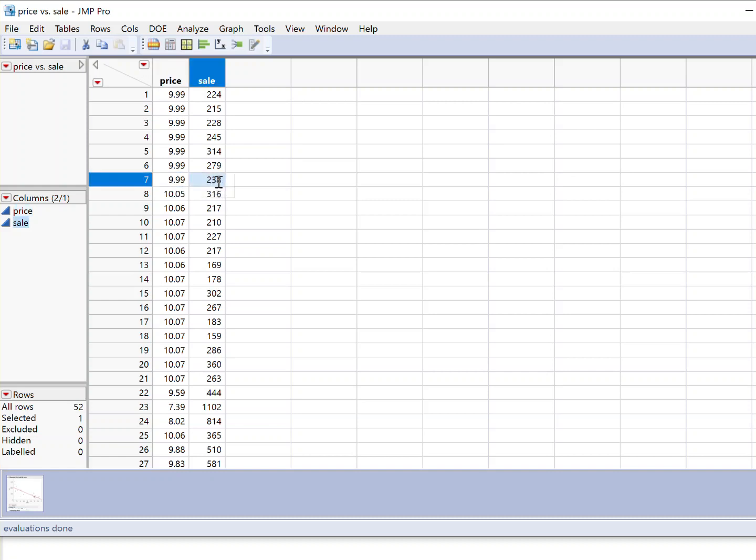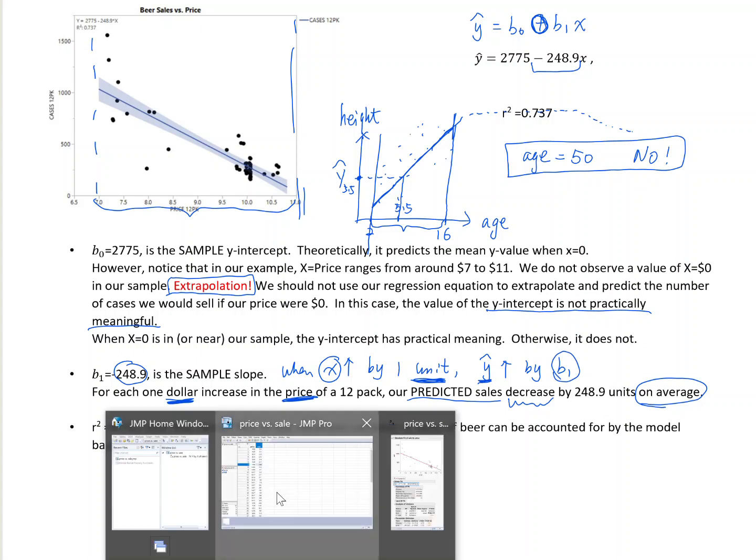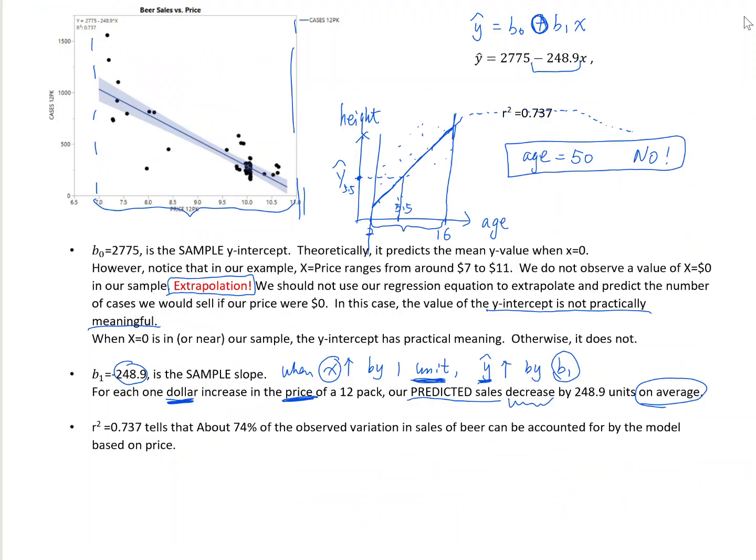But their Y are different, right? So that means this B1 is not just for a single observation. It is actually the slope for all of these with the same price. The stores' Y will have these many. Alright, okay, so it will be on average, not just for one.